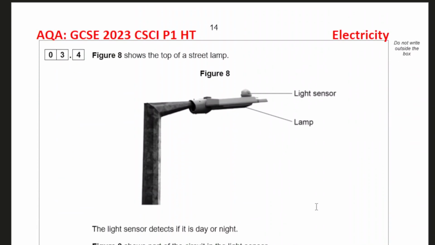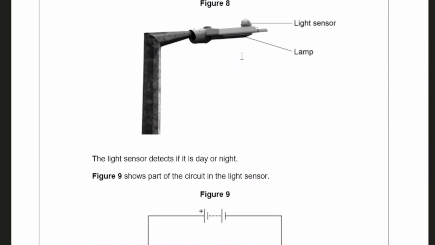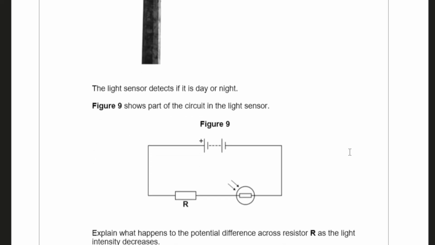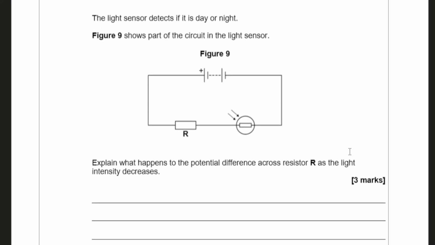Figure 8 shows the top of a street lamp. We've got a light sensor and the lamp. The light sensor detects if it is day or night. Figure 9 shows part of the circuit in the light sensor. So you have the power supply, right?